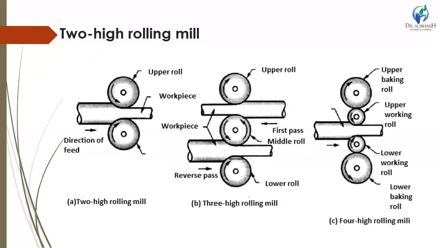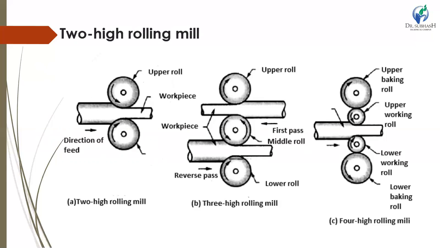It consists of two heavy horizontal rolls placed exactly one over the other. The gap between the rolls can be adjusted by raising or lowering the upper roll, while the position of the lower roll is fixed.